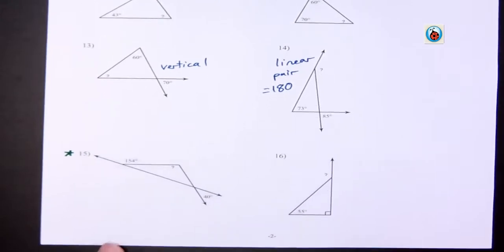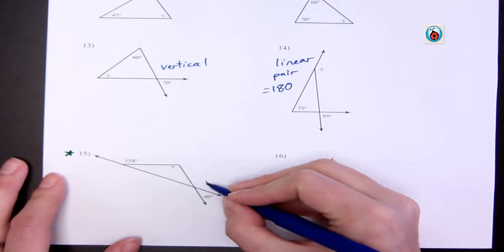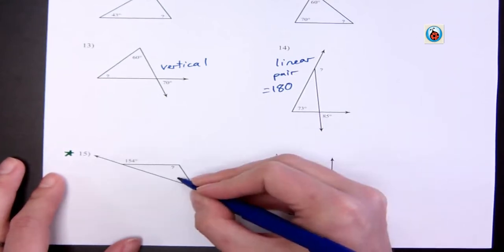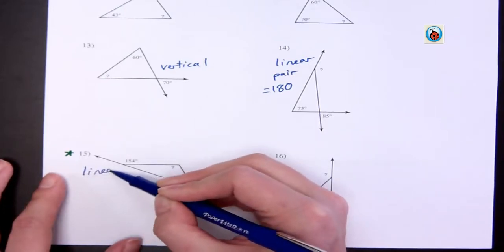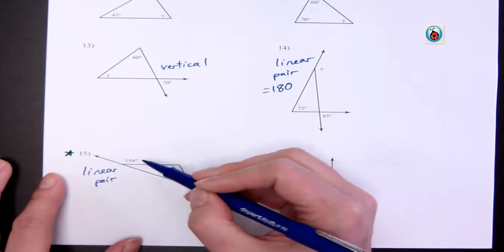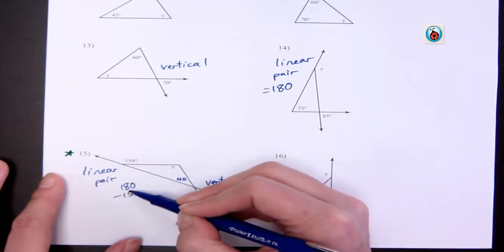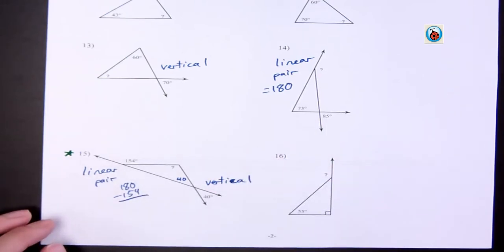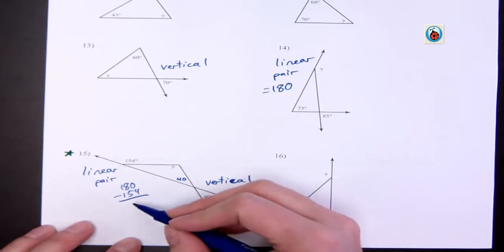Then down here we're starting to get a little bit more complicated. We have a few different steps. So we have to recognize our vertical angles to make this 40. We have to recognize our linear pair to find out that. So that's 180 minus 154, which gives us 26.